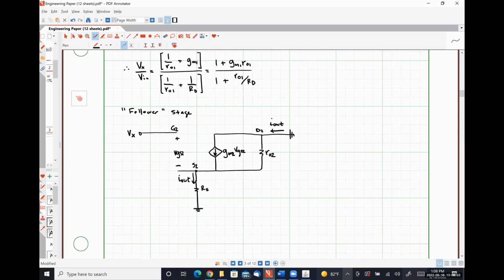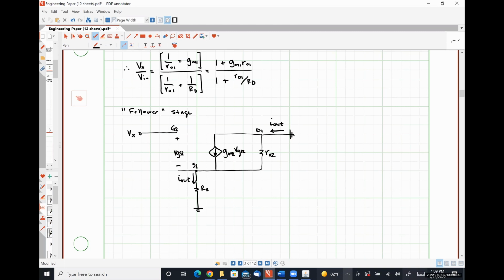Let's start there. All right. So what I'm going to do to solve for I out here is I'm going to apply current division. And so what I mean by that specifically is I have this current provided by this dependent source, GM VGS2.